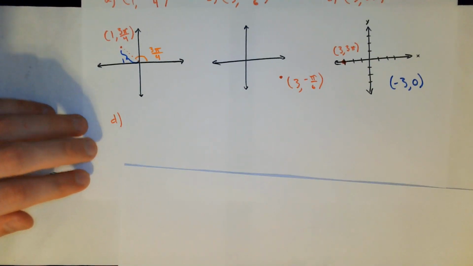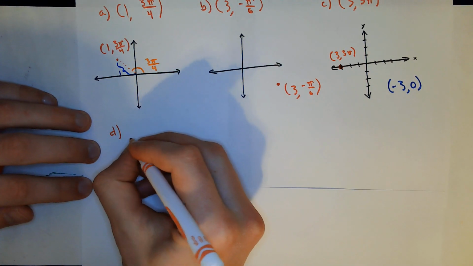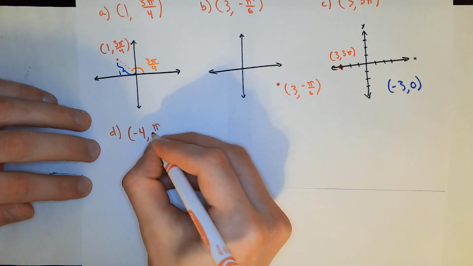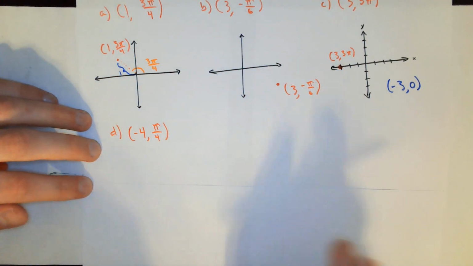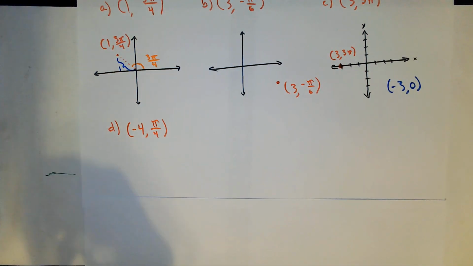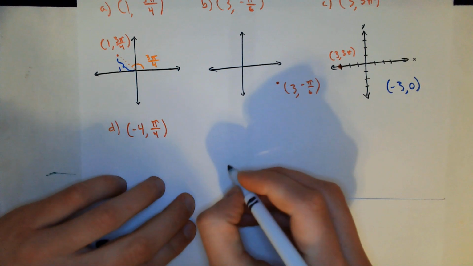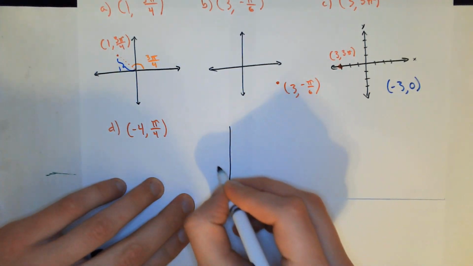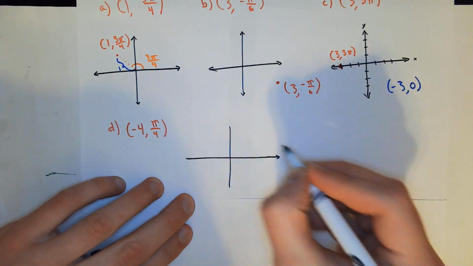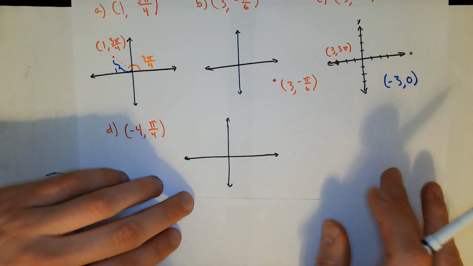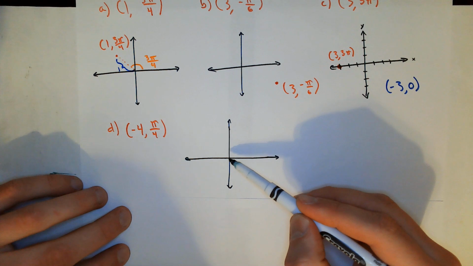D says -4 comma pi on 4. R value of negative. Okay, so finally we're getting that weird case where r is negative, so we can see what we should do here. All right, pi on 4, that's easy to find.